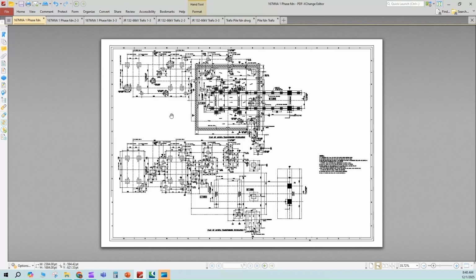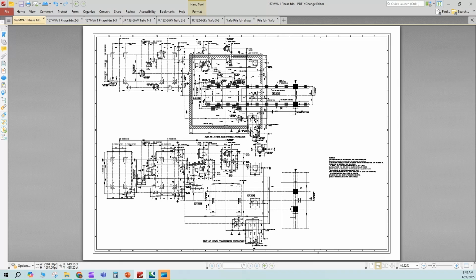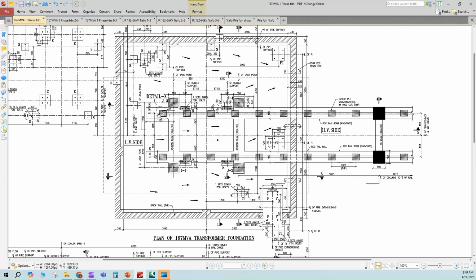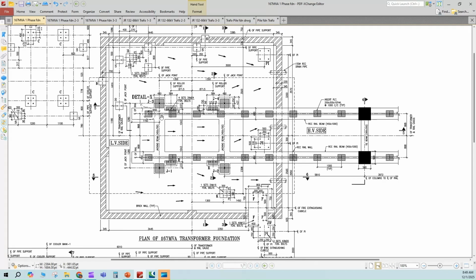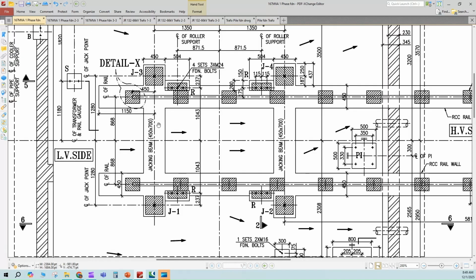Another kind of transformer, a 167 MVA transformer as a single phase. So this transformer generally has the bund wall which is constructed using brick masonry. The hauling or wall type of construction has a tie beam which is connected to the jack pad, the J3 which is a jack pad.